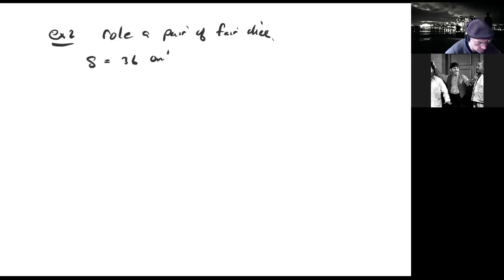So here's another example of a random variable. Let's roll a pair of fair dice, not crooked dice. And then there are 36 outcomes according to what the dice show when you roll. And so it'll be (A, B), where 1 is less than or equal to A is less than or equal to 6, and 1 is less than or equal to B is less than or equal to 6.